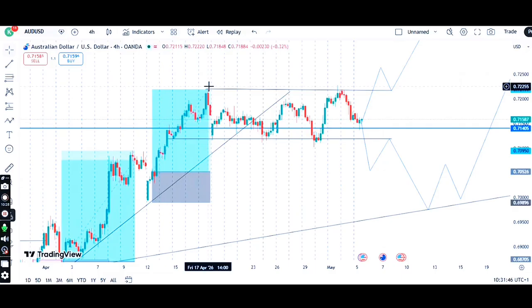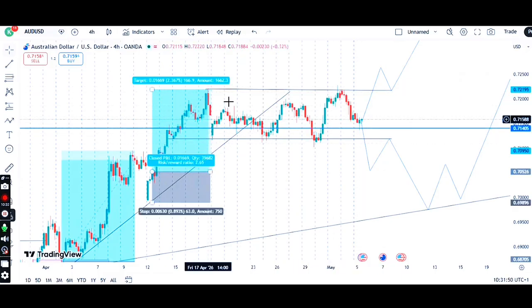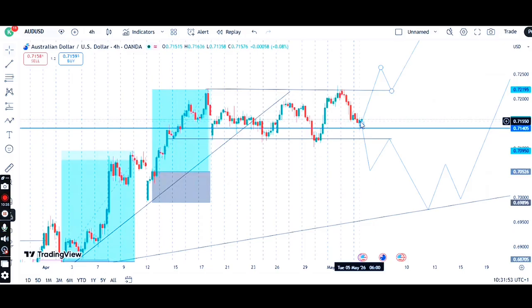Let's say, for instance, currently the market is ranging here. Now that you know that, you shouldn't be so eager to enter a buy or to enter a sell. You have to wait for the market to give you a signal that, okay, I want to continue going up, or no, I want to go down first at this point.